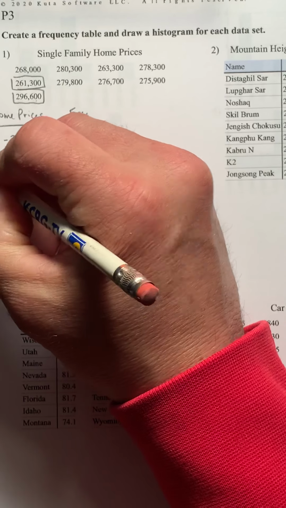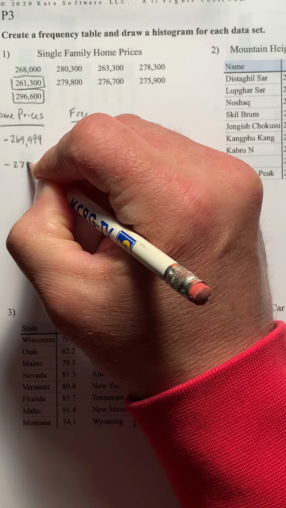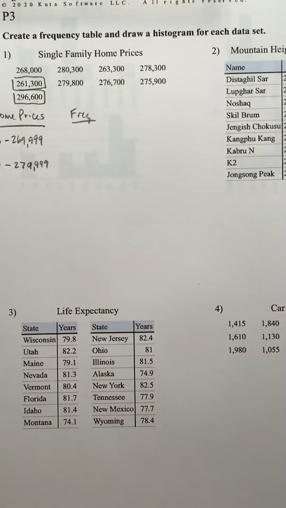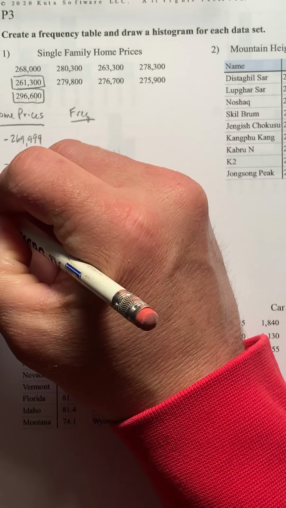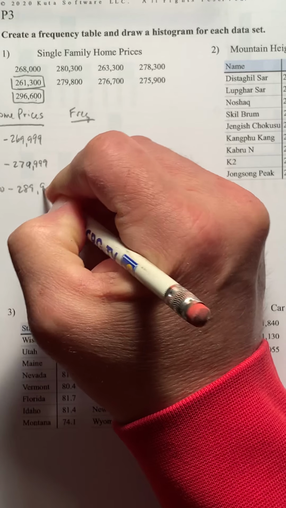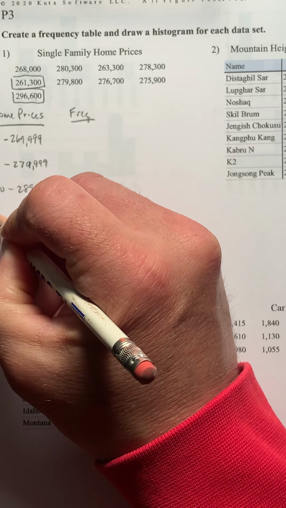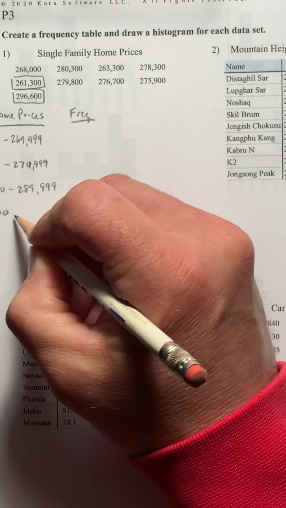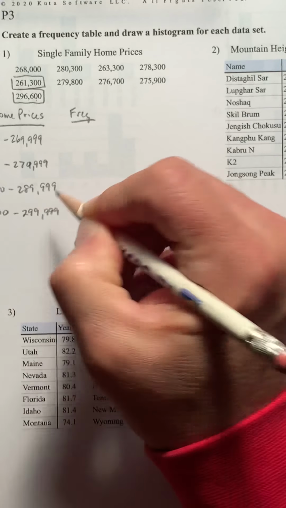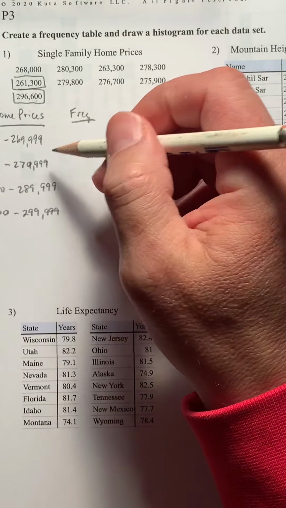The second group is going to be the 270,000s, to 279,999, then the 280,000s to 289,999, and the 290,000s to 299,999, almost 300,000.